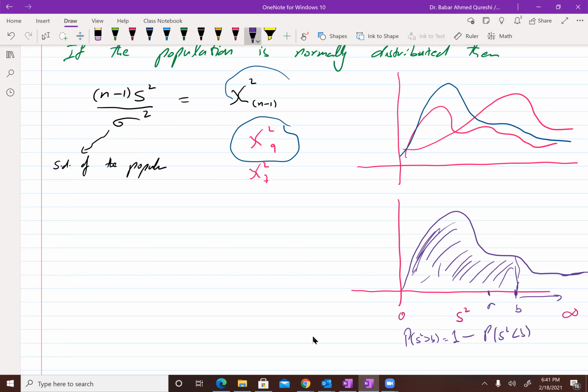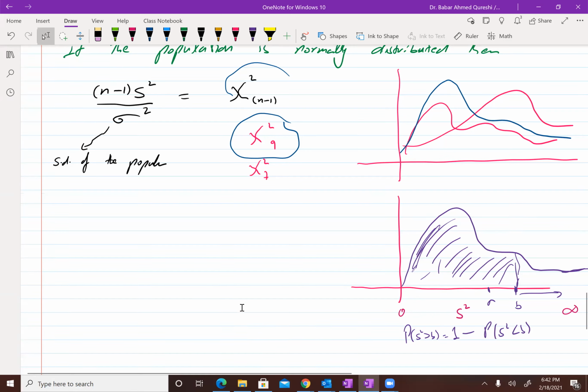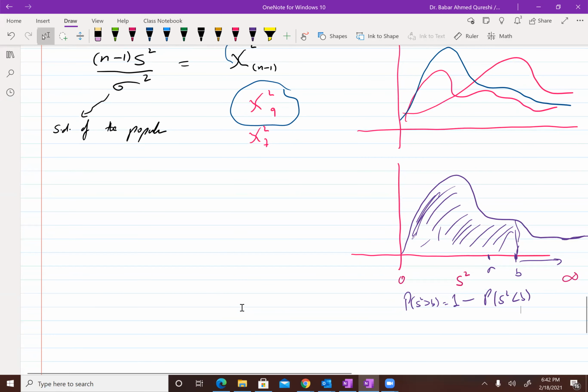We can do an example of this. So suppose this is an example from the book.